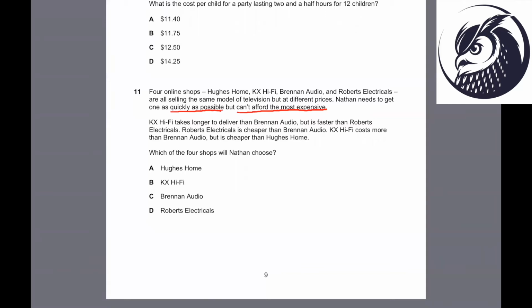So I'm going to draw speed here, with the slowest here and the fastest here. And we can have price on the side as well. So this is going to be the cheapest, and this is going to be the priciest, so most pricey. And it's going to go down like that.